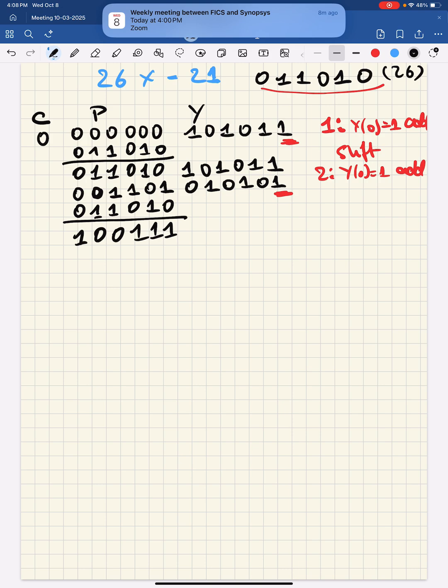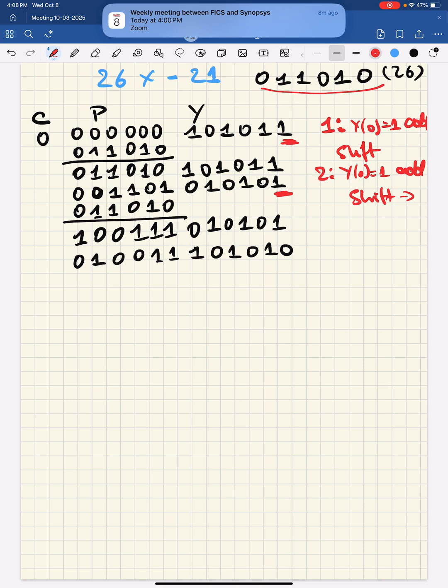Now we bring this down: 0, 1, 0, 1, 0, 1. And we shift to the right to complete this second iteration. That gives us the 0 here, 1, 0, 0, 1, 1, and here the 0, 1, 1, and there the 0, 1, 0, 1, and then 0. So that's the second iteration.